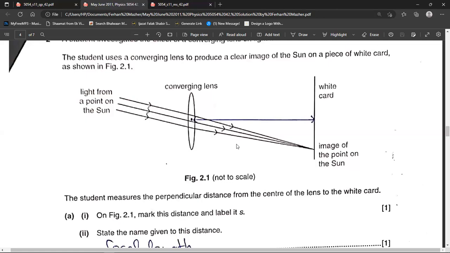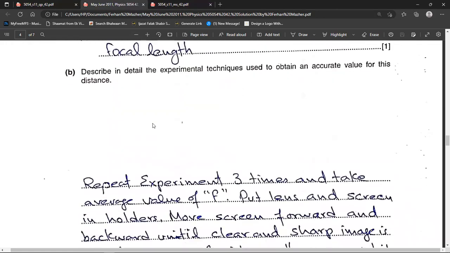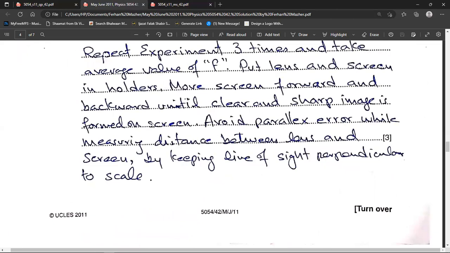In this way, you will avoid the parallax error. Another important thing in every experiment we do is we repeat the experiment. Let's say we repeat the experiment 2 times, 3 times, and each time we find the value of the F, and then we take the average value of the F. In this way, a more accurate value can be obtained.